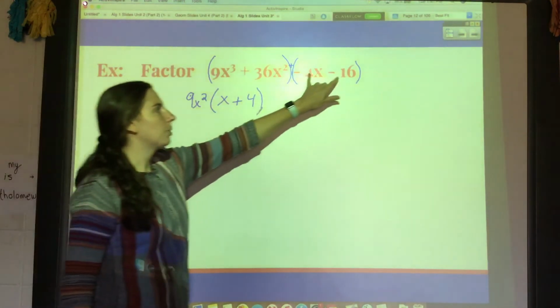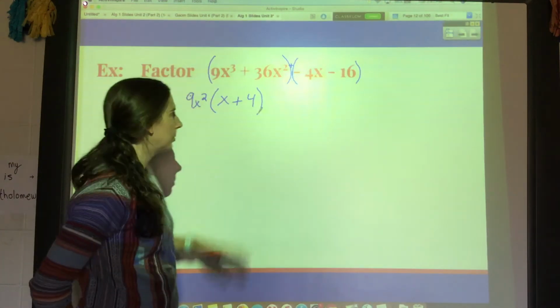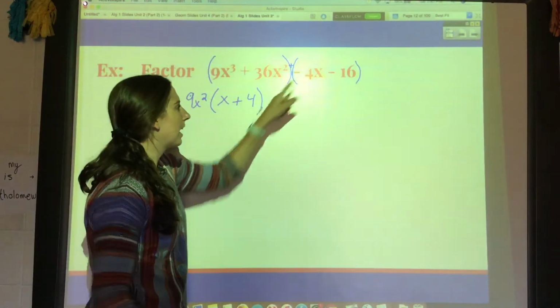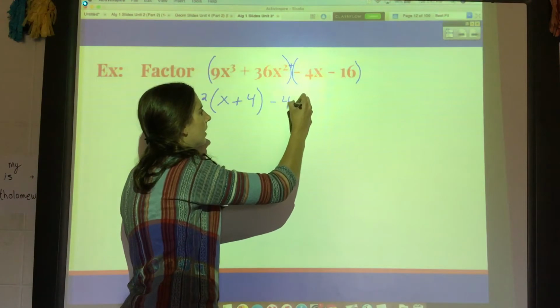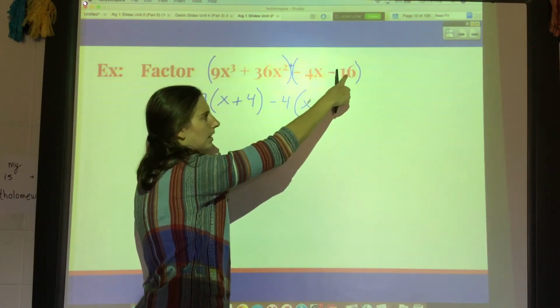Now in the second group, I'm also going to factor out a GCF. It's probably going to be a different GCF than this one. Notice I can divide both of these by -4. When I do that, that leaves x, and if you divide this by -4, it's +4.